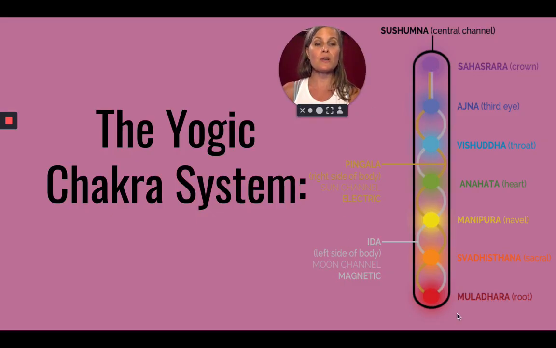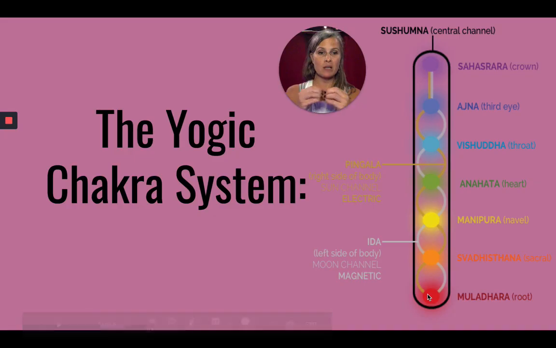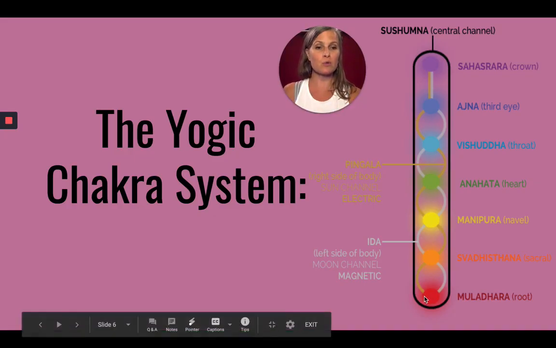So what you'll notice here, and this is really important, is that anytime there is a chakra, we have this union, this coming together of Ida and Pingala. They start together here at the root chakra. They separate, and then they come back together here at the sacral chakra, Svadhisthana.